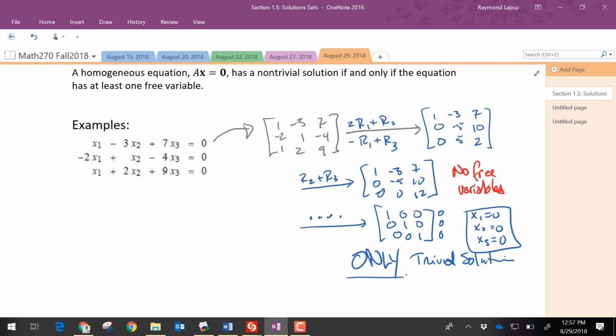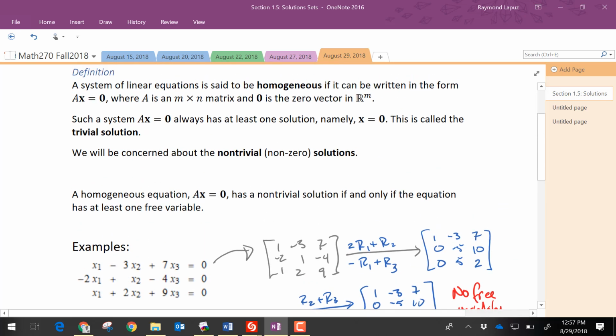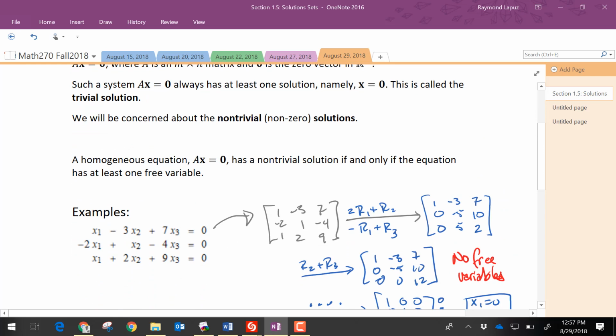Any questions? Yes. No, you're guaranteed that you have that as a solution, but you may have other solutions. Well, it's still a homogeneous system. The homogeneous system just says that your system has zeros on the right-hand side. That's the definition of homogeneous. Now, what we're trying to do is figure out what types of solutions we're expecting.